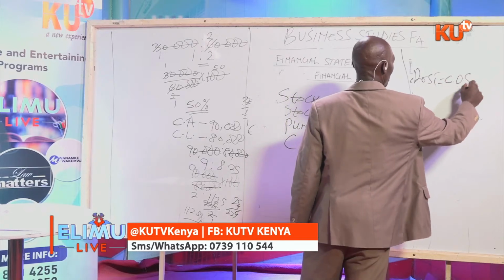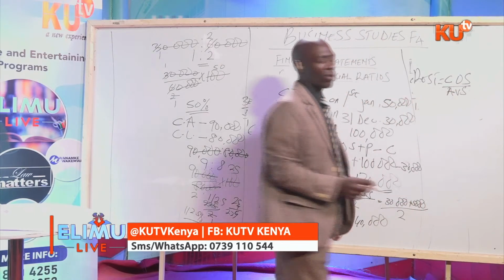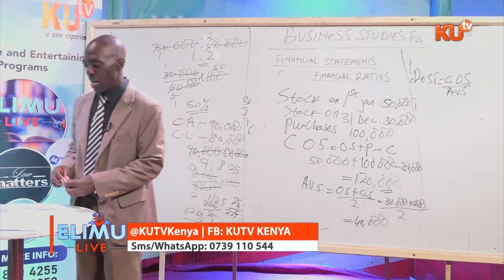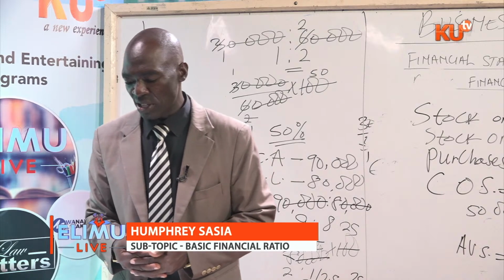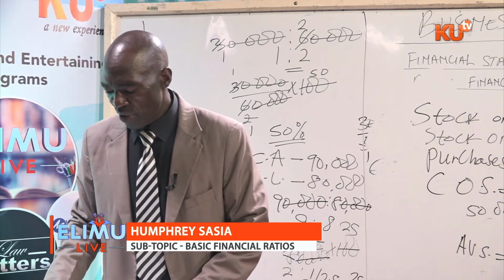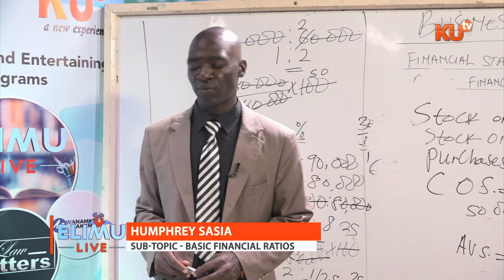cost of sales over average stock. Cost of sales divided by average stock. So in this case, the cost of sales is 120,000. Average stock is 50,000 plus 30,000 divided by 2. That's 40,000.